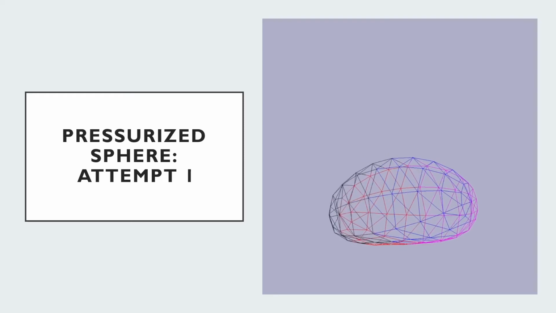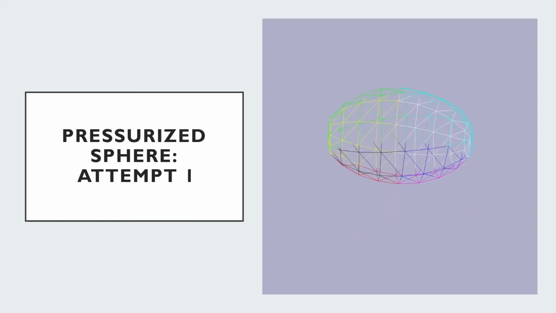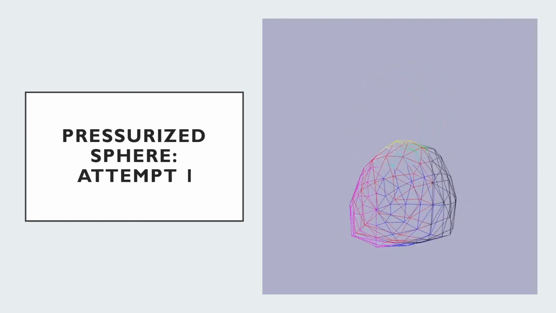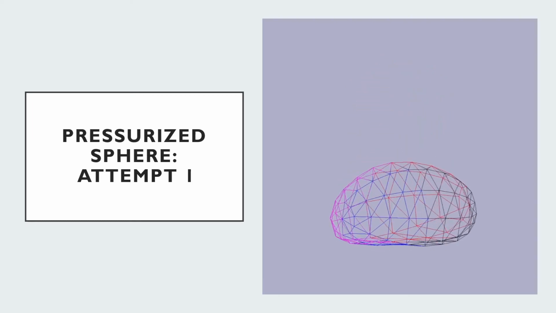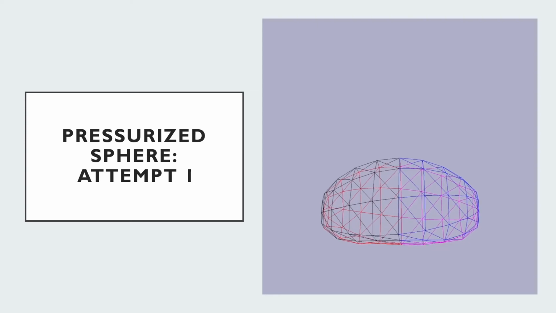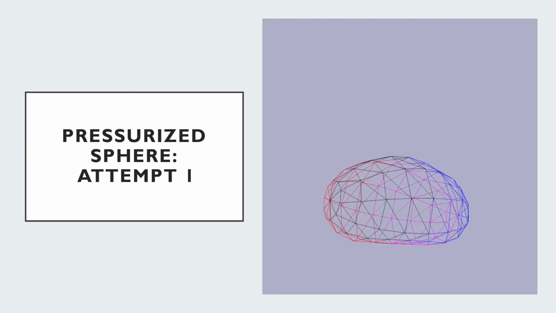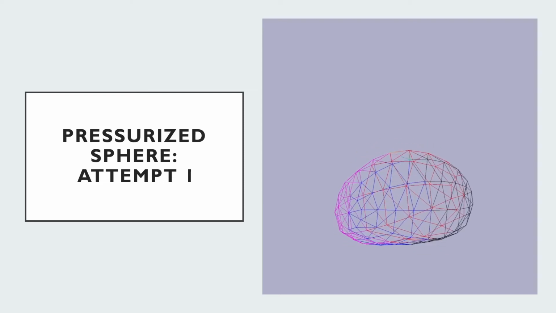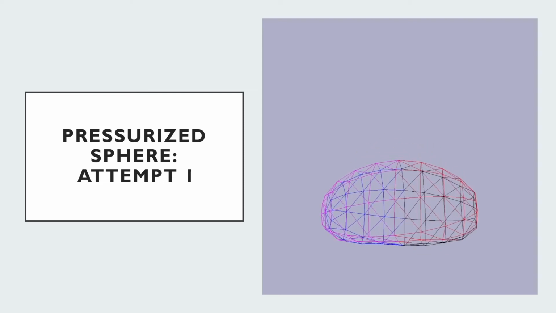Those vertices all have an equal internal pressure applied to them that is applied in the direction of the normal force. And since that internal pressure is applied equally across all the vertices, when you have areas with a higher concentration of vertices, those experience a greater internal force. Hence why the poles where there are more points are experiencing a greater push away from the center.